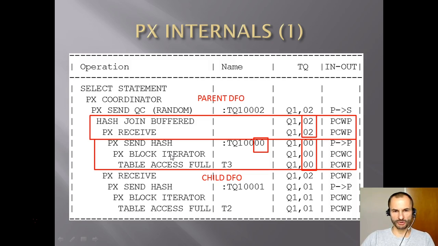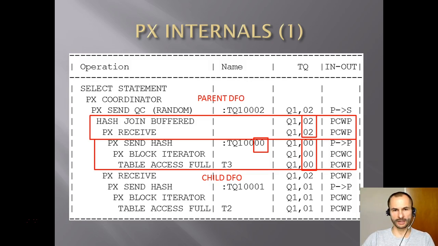So when this operation is done, it's following the same principle as the serial operation. This hash join has to consume all the data that is coming from this full table scan, but we have this redistribution in between. This is done by one parallel slave set, and this is done by another parallel slave set.